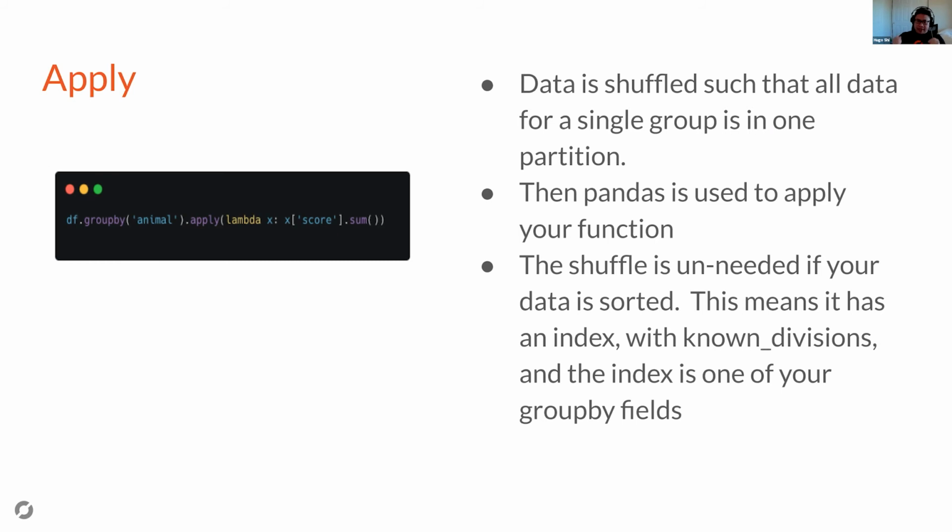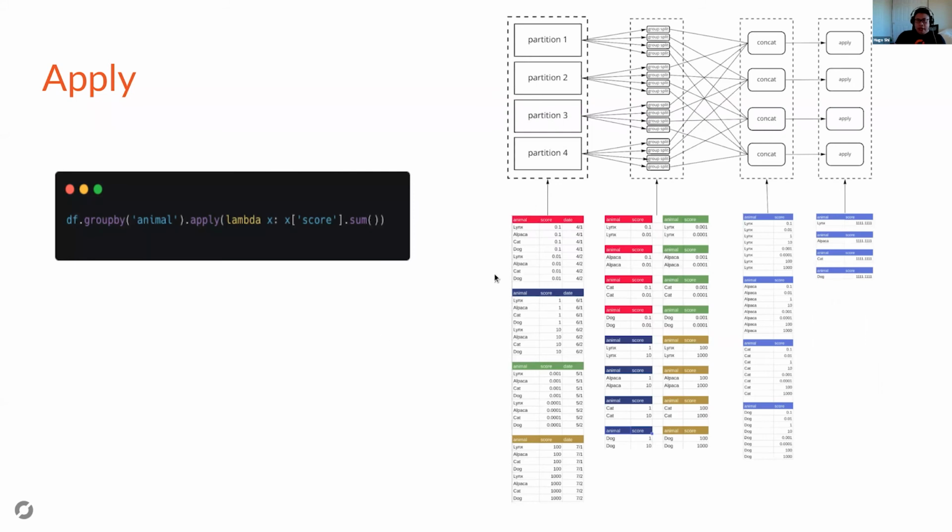And for Dask, that means your data frame has an index, and that index has known divisions, meaning Dask knows the maximum and minimum values of your index for every partition in the Dask data frame. This will happen if you call set index on your data frame. Okay, so again, we have 4 partitions of data.